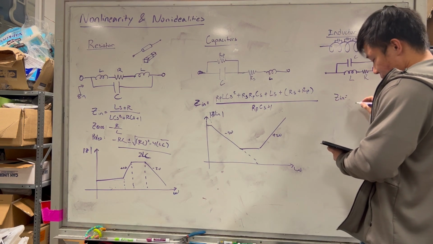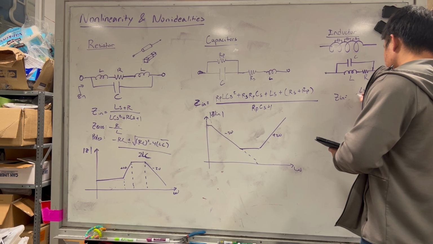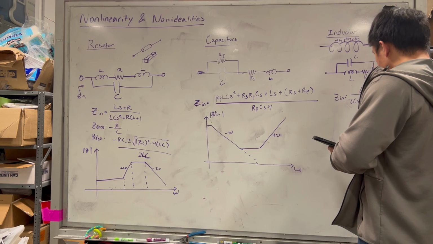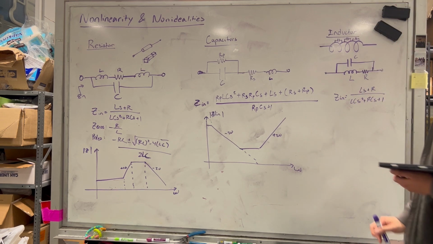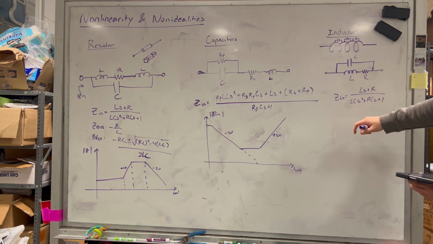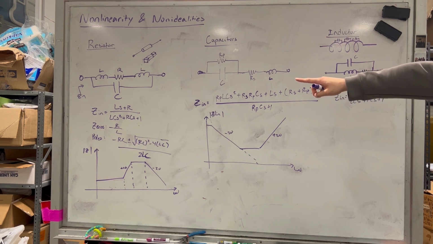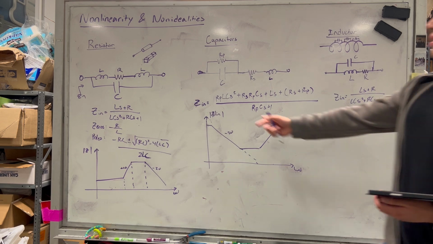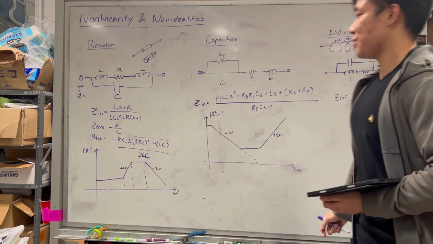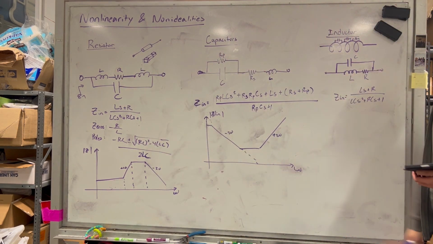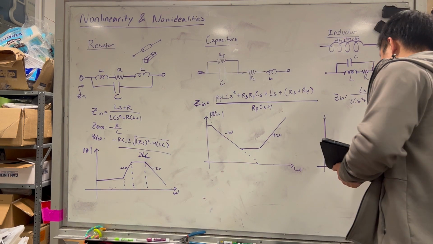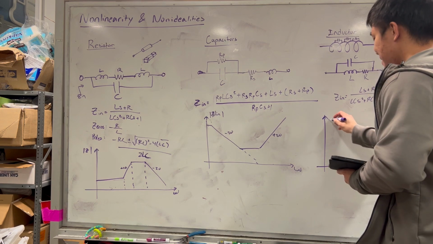Zin is equal to Ls plus R, over LCs squared plus RCs plus 1. You'll notice that this equation and that equation are very, very similar, if not identical. That's because I lumped these two together, right? Because two L's in series can be just 2L.